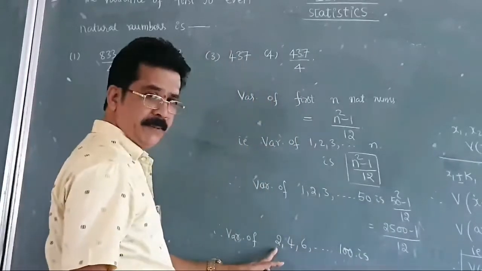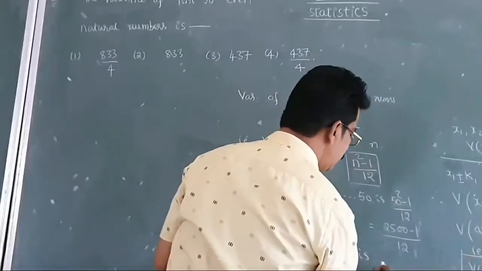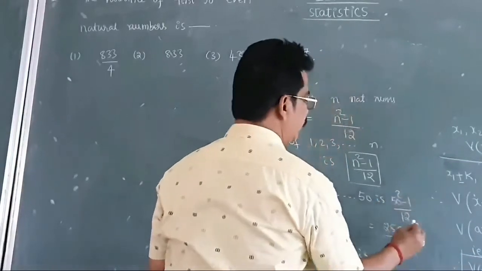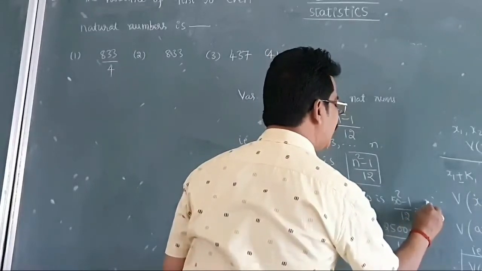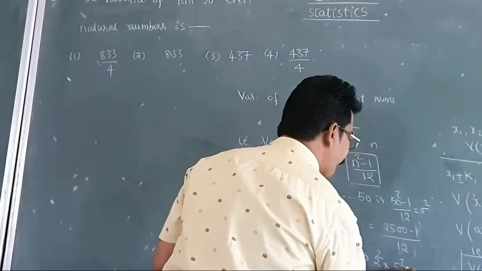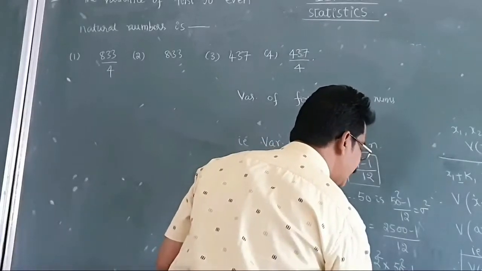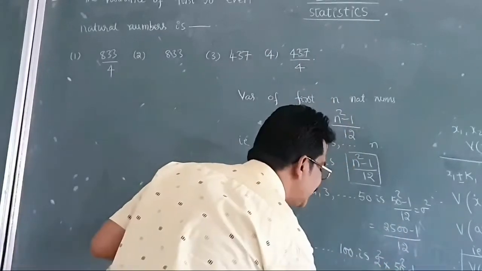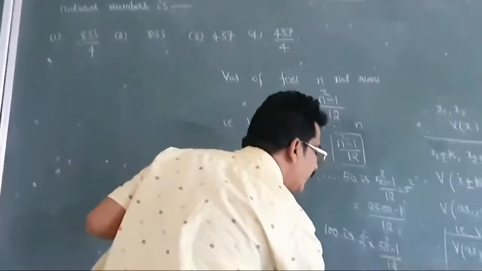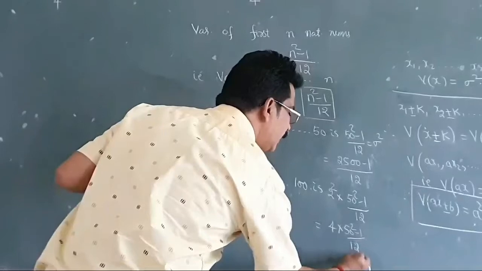We multiplied with 2, so a is equal to 2. It is nothing but 2 square into sigma square, so 2 square into (50 square minus 1) divided by 12. So that is equal to 4 into (50 square minus 1) divided by 12.